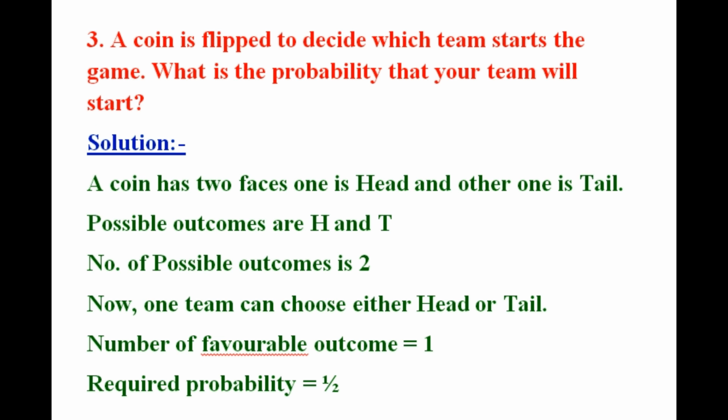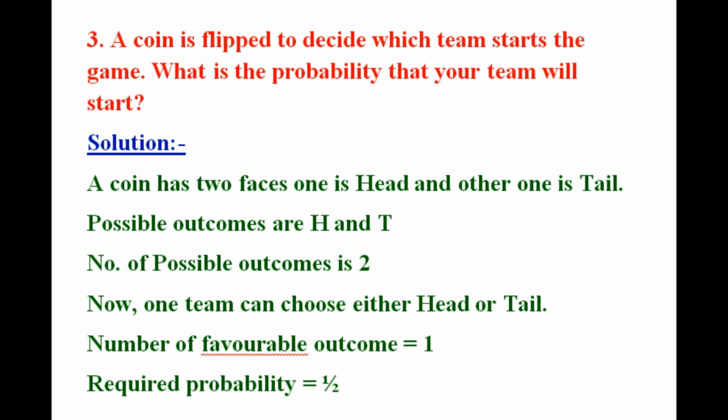Now we will see the third problem. A coin is flipped to decide which team starts the game. What is the probability that your team will start? A coin has two faces, one is head and the other is tail. So here the possible outcomes are head and tail. The number of possible outcomes is 2.